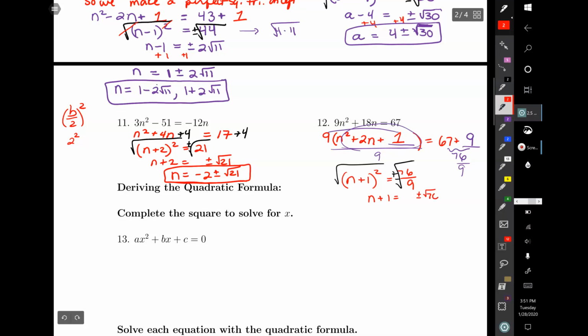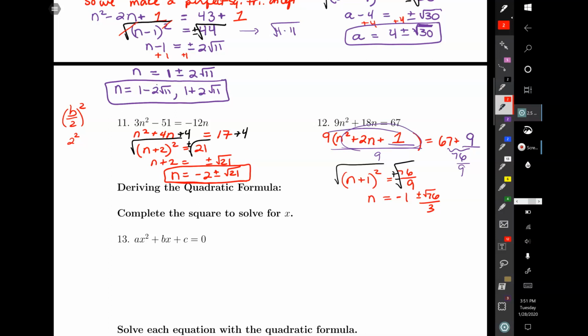76 over 3, because I can just take that square root. The n plus 1, I'm just going to save room and rewrite that as n equals minus 1 plus or minus square root of 76 over 3. And from there, I can simplify.